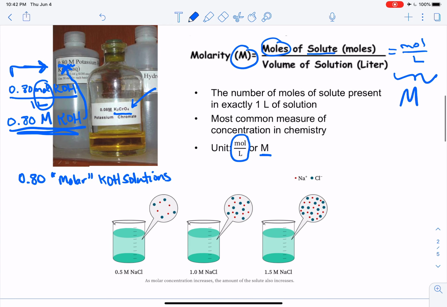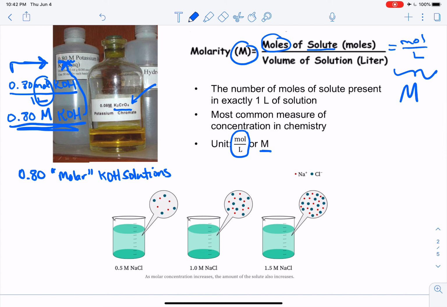Now, looking down here at the bottom at 3 different solutions of sodium chloride, what we'll notice is the first one we have 0.5 molar, the second one is 1.0 molar, and the third one is 1.5 molar. And from the pictures, you can see that going from left to right, you have more and more of your solute, the sodium chloride, in that solution.